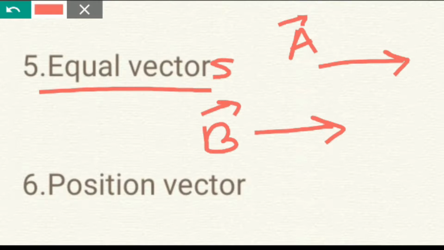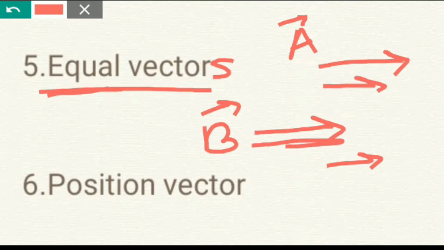Then we can say those vectors A and B are equal if their direction is the same. In this case they are pointing in the same direction, and their magnitude should be the same. So the length of the arrow must be equal. In that case only, these two vectors are equal vectors.